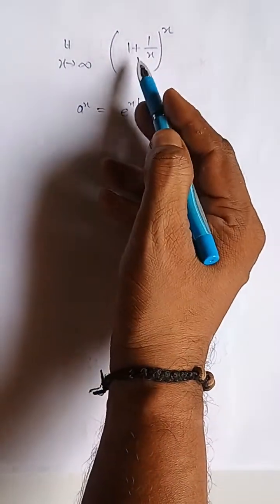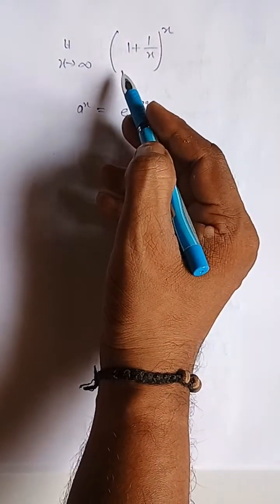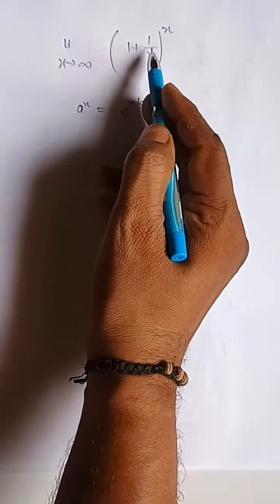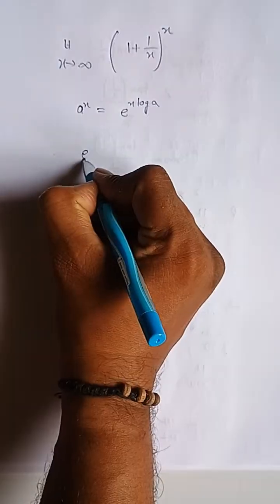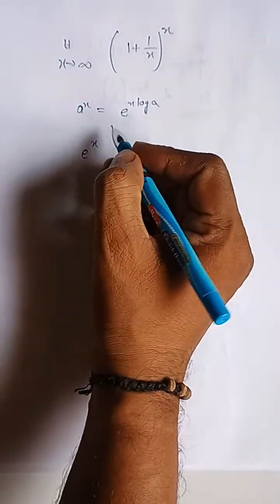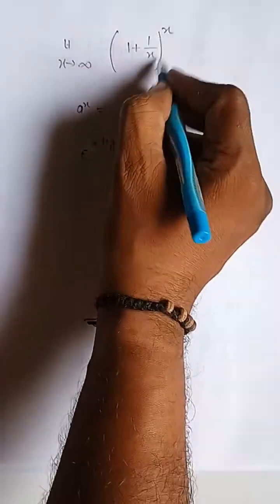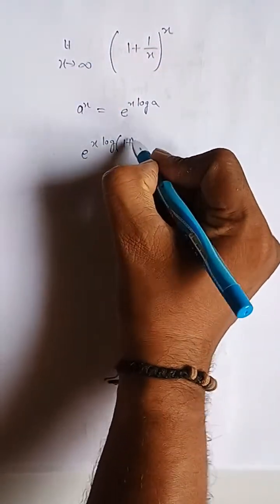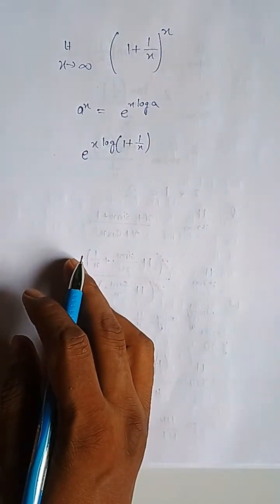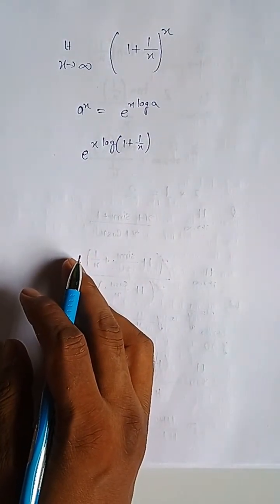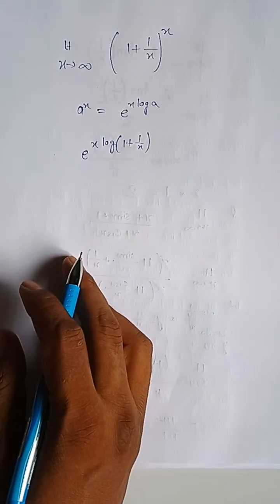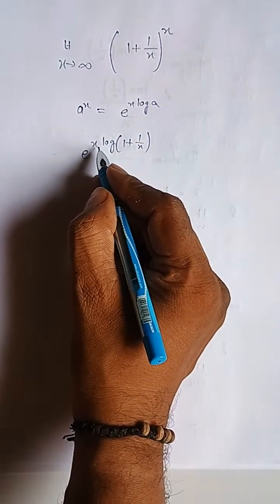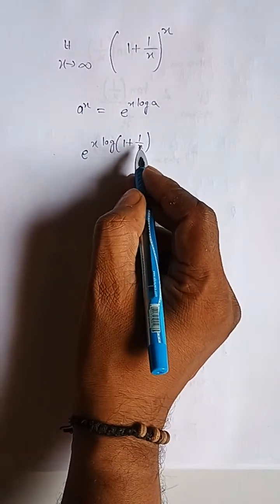In the same way we have this 1 plus 1 by x, and there is a power here. So I can write this as e to the power x, the variable, into log of the base, 1 plus 1 by x.